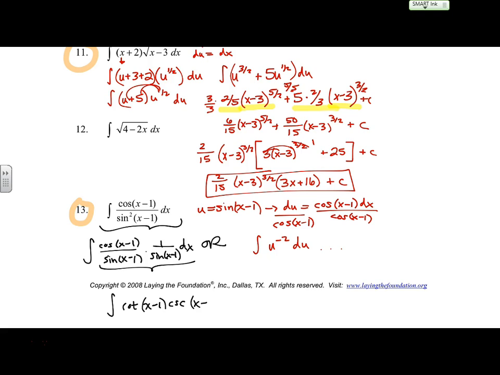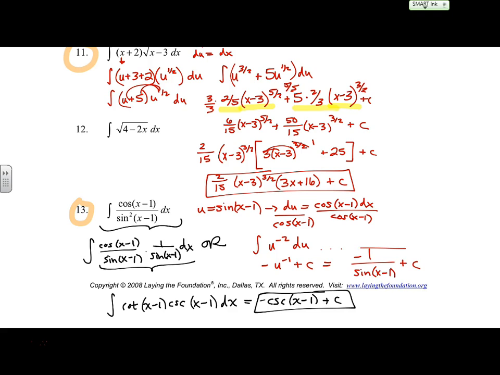Cosecant cotangent, something special. After doing u sub, you would get negative cosecant of x minus 1. That's one way of going. This way you would have gotten there too, because you would have gotten u to the -1 times a negative plus c, which equals -1 over sine.